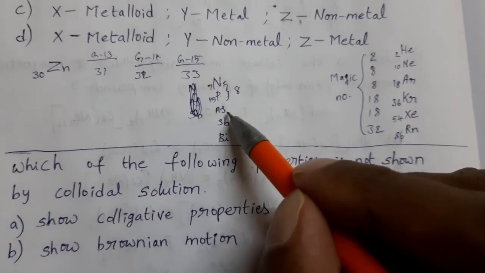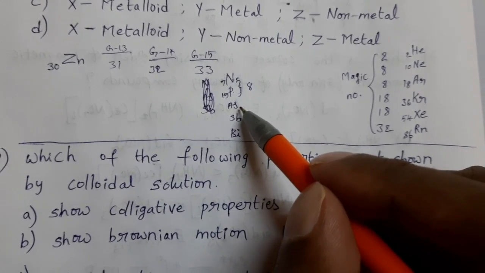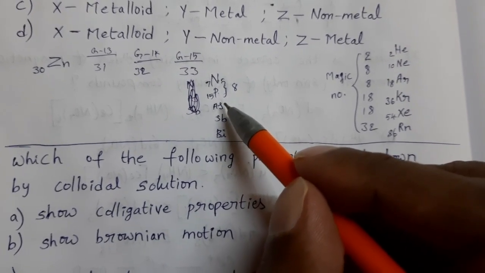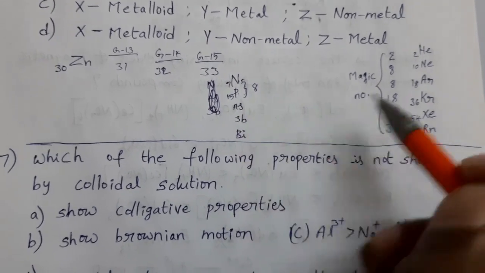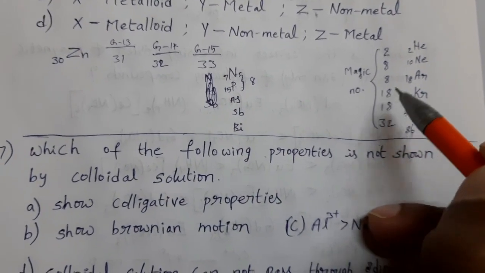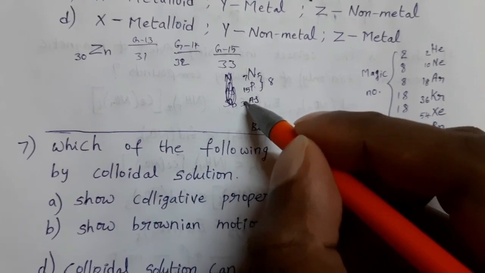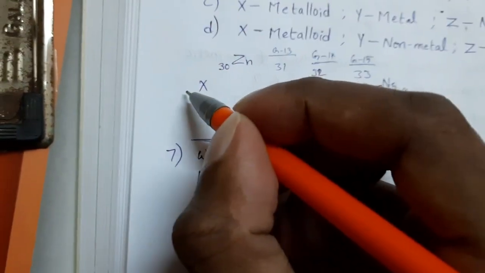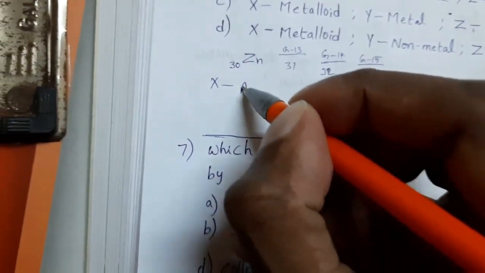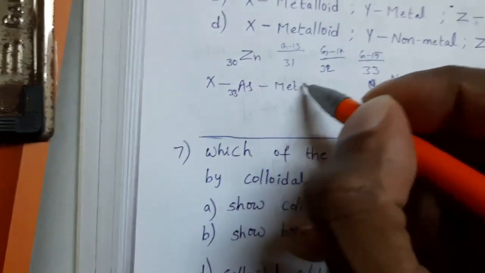And the next one after phosphorus in this group is arsenic. So the difference between atomic numbers of phosphorus and arsenic is 18. Add 18 to this 15, then we get 33. So X is arsenic, 33. Arsenic is a metalloid.